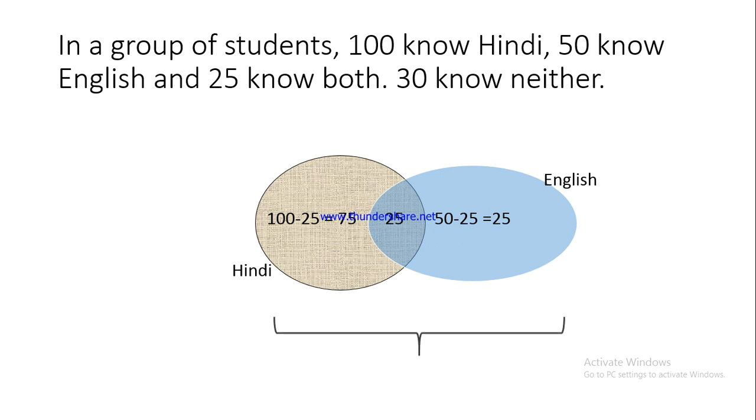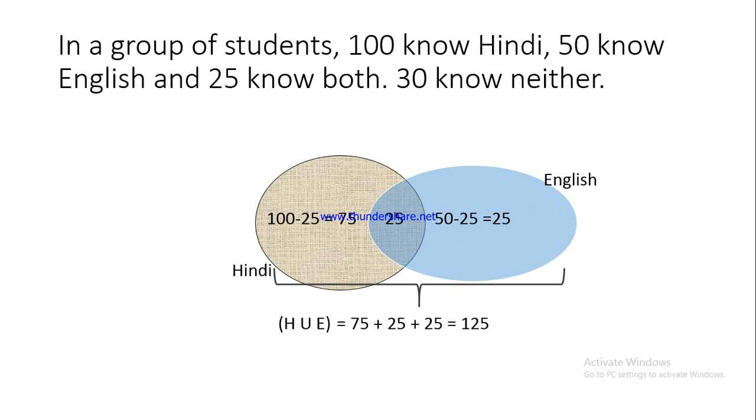So the total value is 75 plus 25 plus 25 is equal to 125, and this is the value of H union E. H union E, basically now you understand that H union E is nothing but it is basically denoting all the area covered by the two overlapping circles.